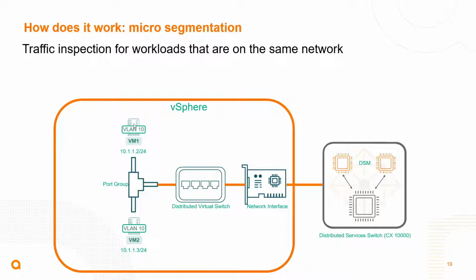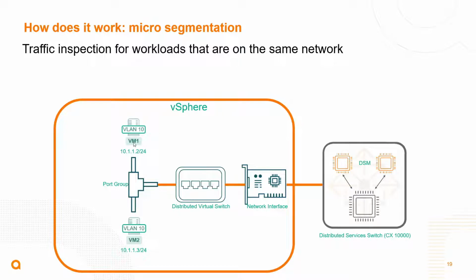Typically, what happens is that within a switch, these VMs can talk to each other. So 10.1.1.2 can talk to 10.1.1.3. Now imagine that a hacker gains access to VM1, 10.1.1.2. It will be much easier for him to start an attack on the VMs that are sitting on the same VLAN, on the same port group.